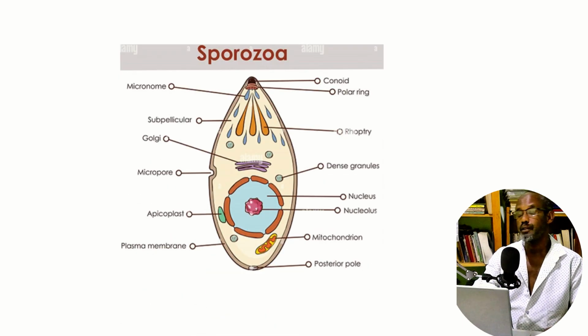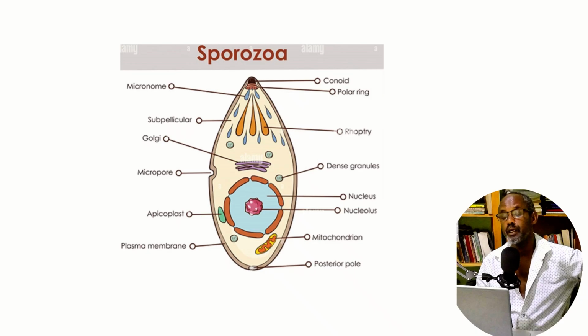And this is the diagram or the picture that I wanted to show you earlier. Told you, you see at the top, the apex, at one pole of the cell, there is a complex arrangement of cell structures, organelles. This set of organelles are together known as the apical complex. And what is the role?